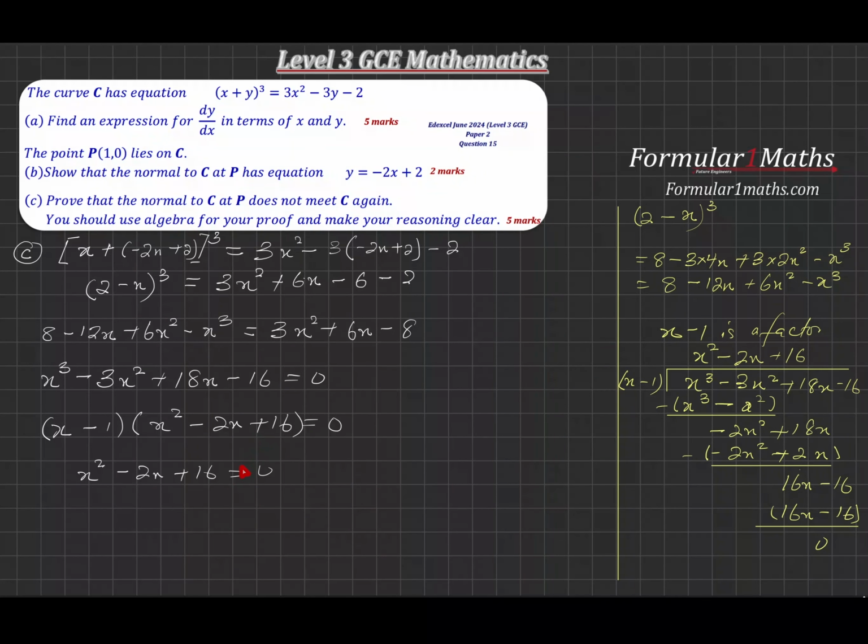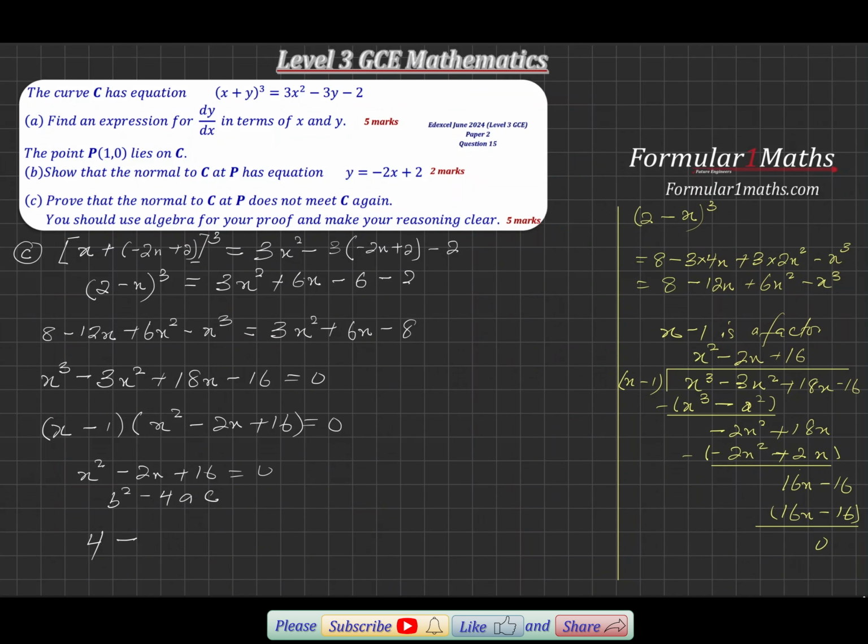Then to determine whether this has roots or not, I'm going to find the discriminant. And the discriminant we know is b squared minus 4ac. So in this case, I'll have b squared, which is 4, minus 4 times 1 times 16.